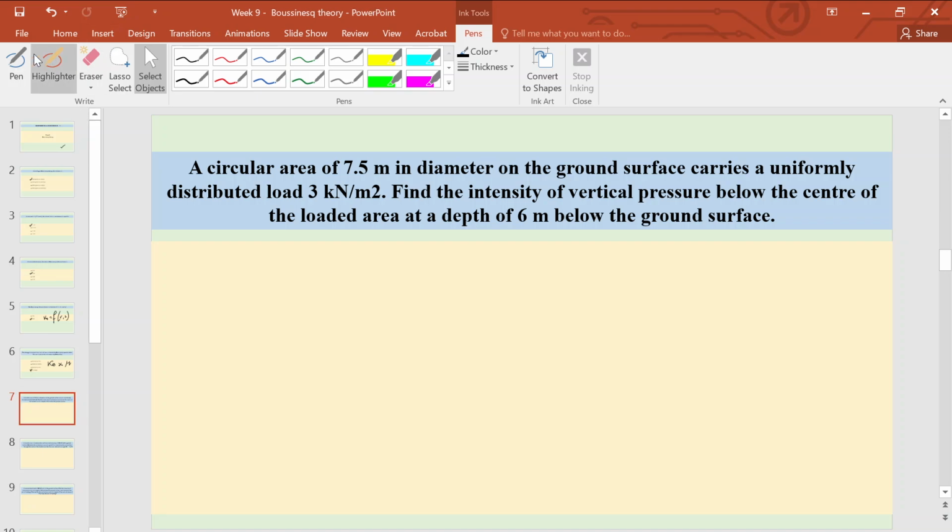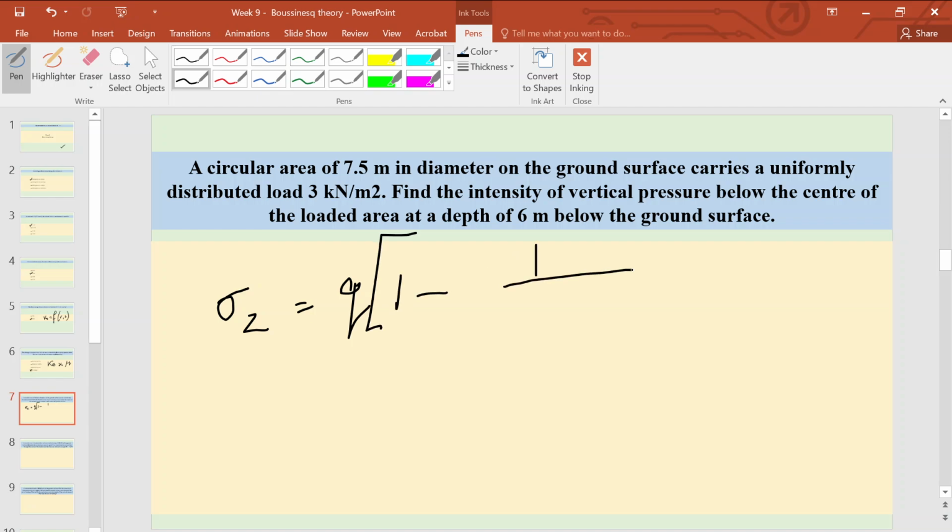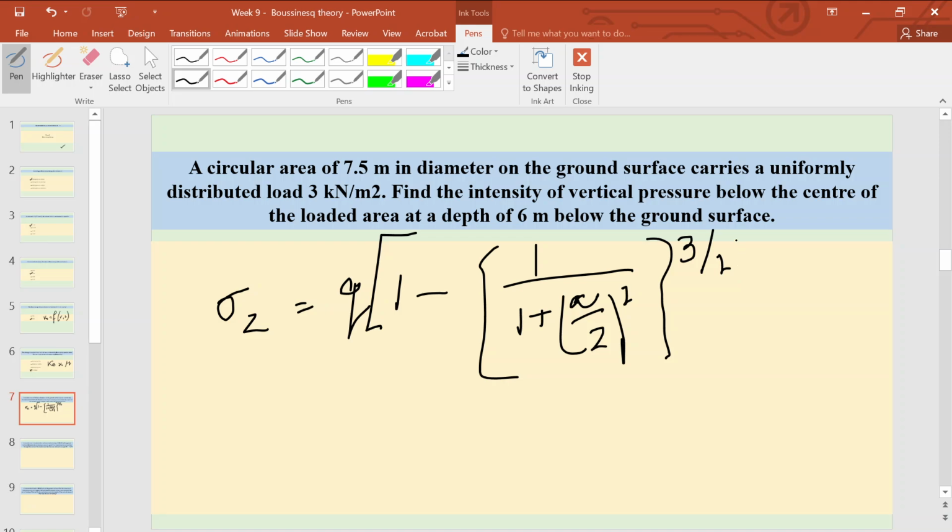So no change. Here, what was the formula? The formula for the vertical stress was Q times 1 minus 1 divided by 1 plus A by Z whole square, this whole to the power 3 by 2, right?